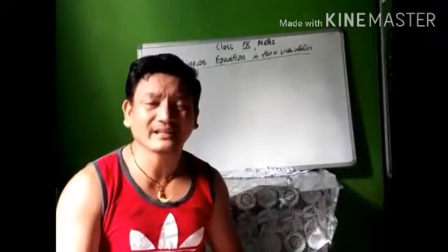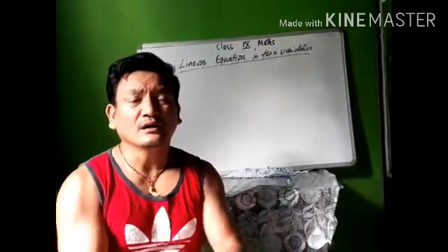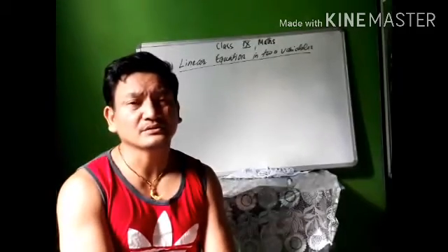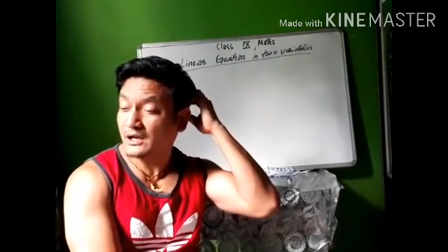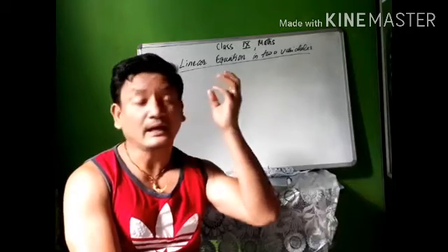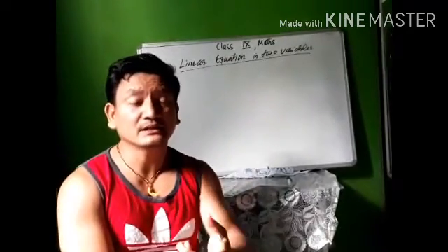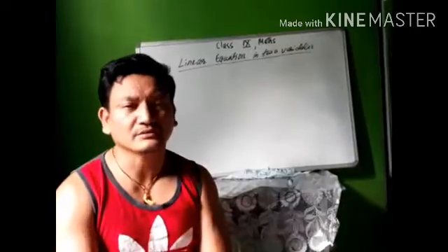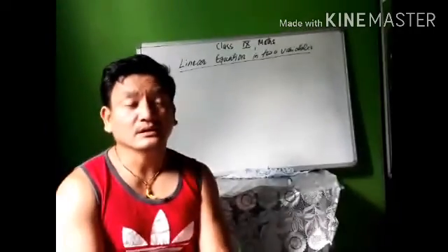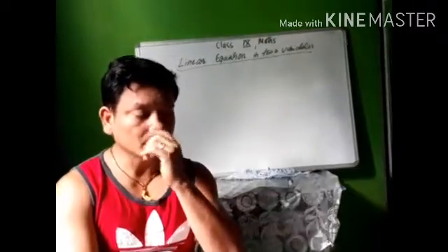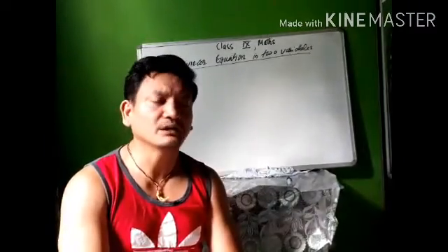So coming to linear equation. When you say linear equation, it means an equation having degree 1. Any equation having a degree of 1 is called a linear equation, which you have already done in polynomials also. In some of the last videos, we already talked about the linear polynomial.